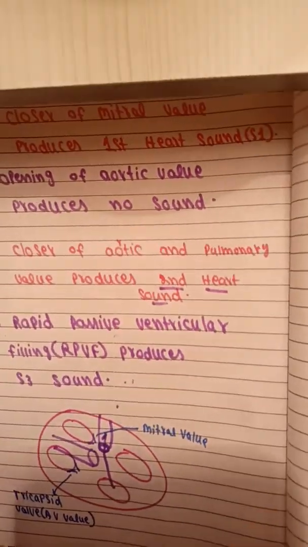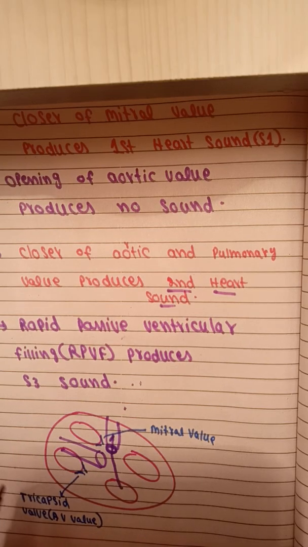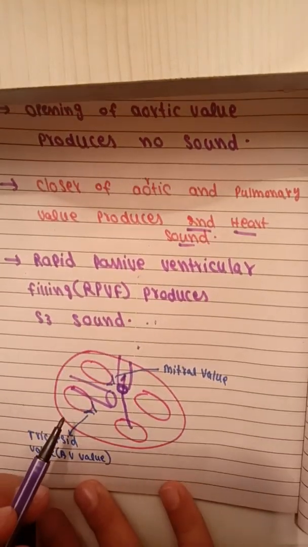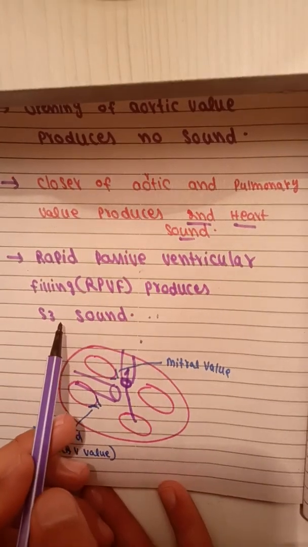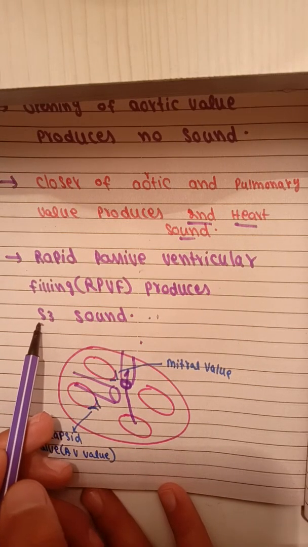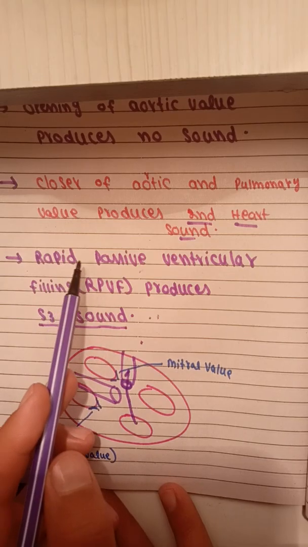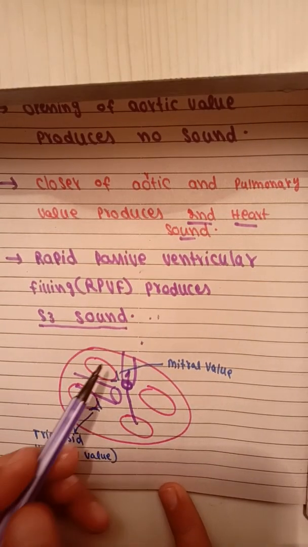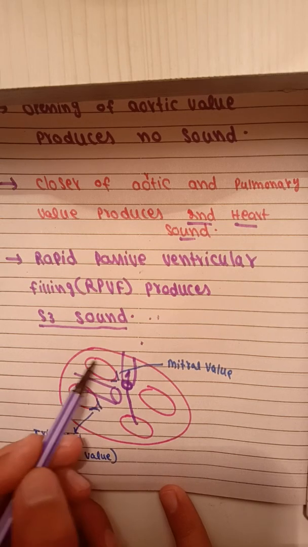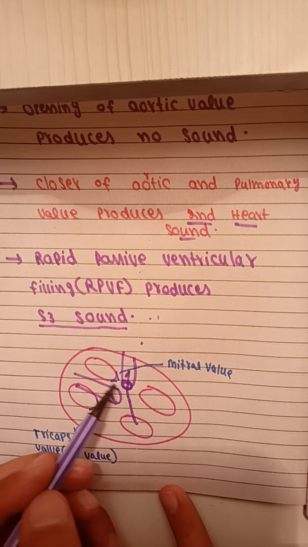Now let's consider there is another sound which is called S3, and rapid passive ventricular filling produces the sound called S3. What is meant by rapid passive ventricular filling? Look here. This is the left atrium, and this is the ventricle.